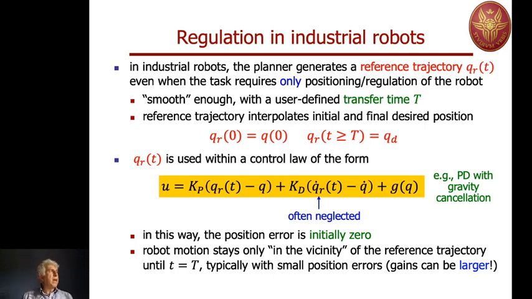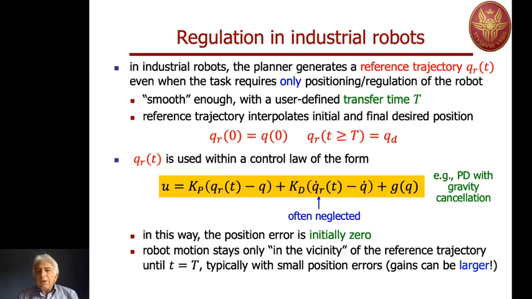So now we are allowed to choose a large Kp because the error is 0 and will remain small, and if it remains small I can use a larger Kp without going into saturation. So it's a kind of a chicken and egg problem. So the smaller the error, the larger can be the gain. The larger is the gain, the smaller remains the error. Okay.